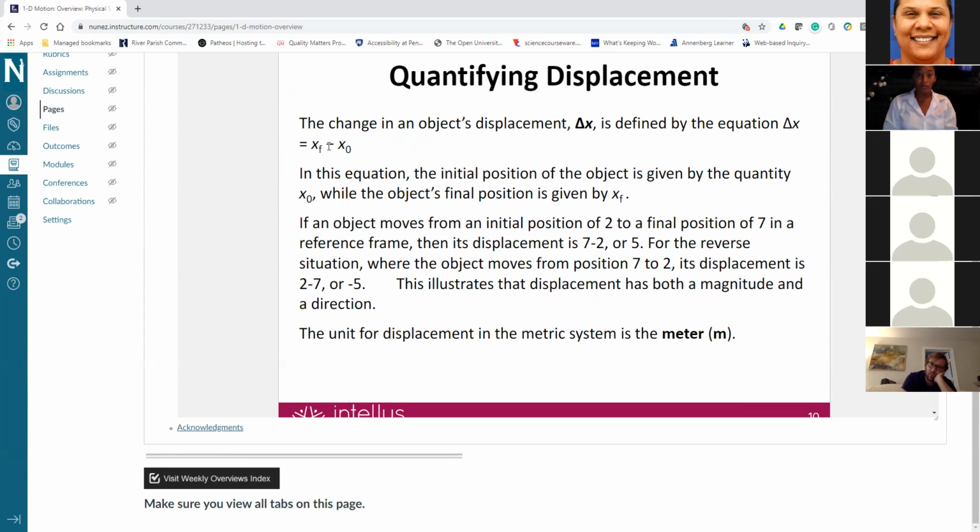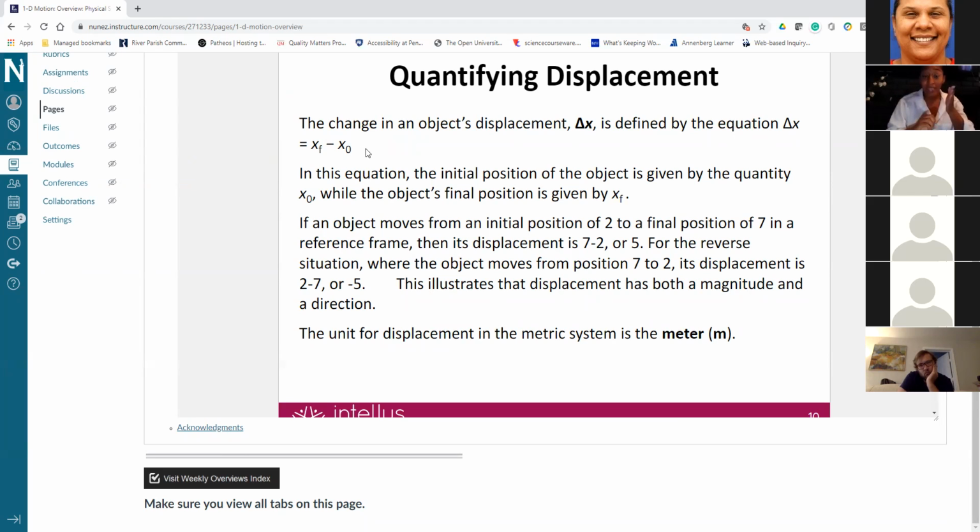So x final minus x naught. Naught is a term that means nothing, when the clock was at nothing is literally what it's saying. But the easy way to think of it is this: take the final position minus the starting position.